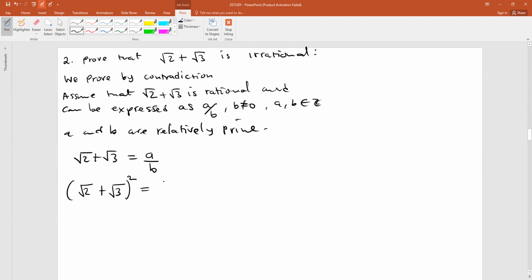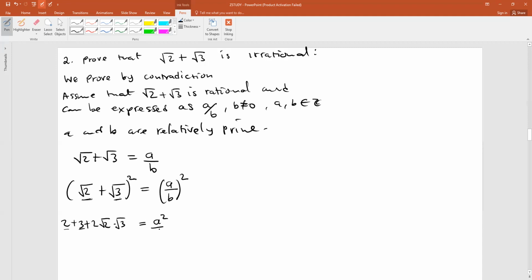So even this side, a over b, you square. When you square that, you get 2. You square that, you get 3. Then you multiply 2 times root 2 times root 3. That's how you expand that.